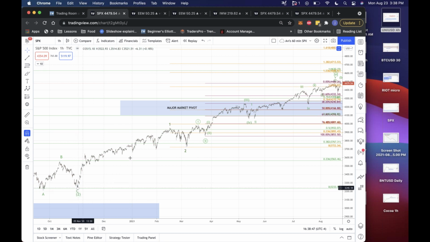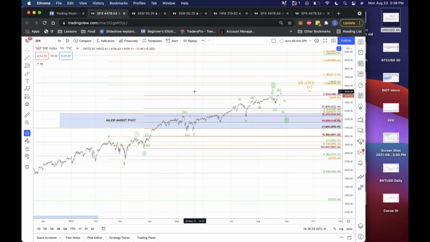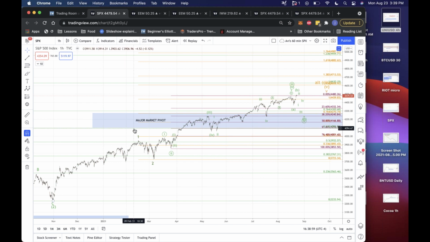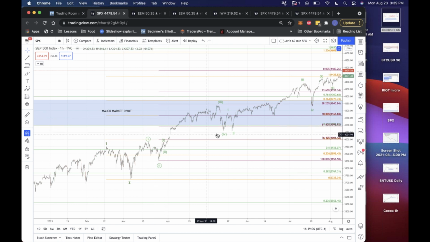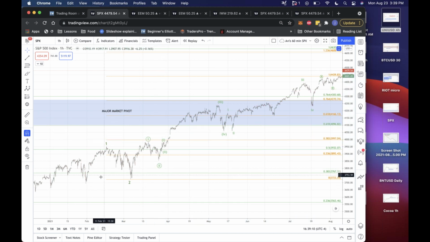And from there, we can engage the same process once again, where we measure the length of this minor degree wave 1 and extend it upwards from the end of this wave 2. And now what we can do is look for confluence between the larger degrees. So once we have this minor degree 1, 2, once again, we're looking for the 0.382 to 0.618 extension off of that low.